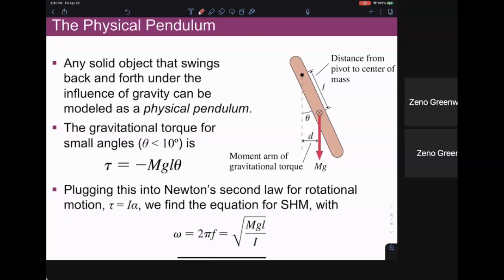The gravitational torque for small angles, that is, angles less than 10 degrees, is equal to minus mgL theta. If we plug this into Newton's second law for rotational motion, that is, torque is equal to moment of inertia times the angular acceleration, we find the equation for simple harmonic motion with the angular frequency omega equal to 2 pi f equal to the square root of mgL over I.